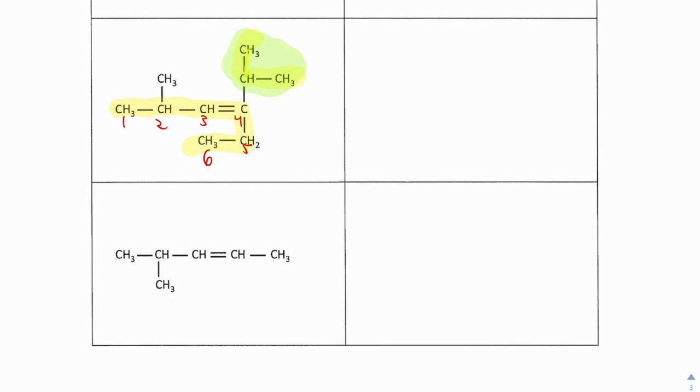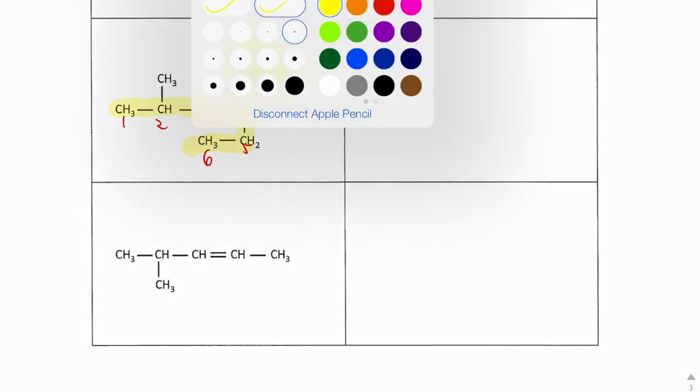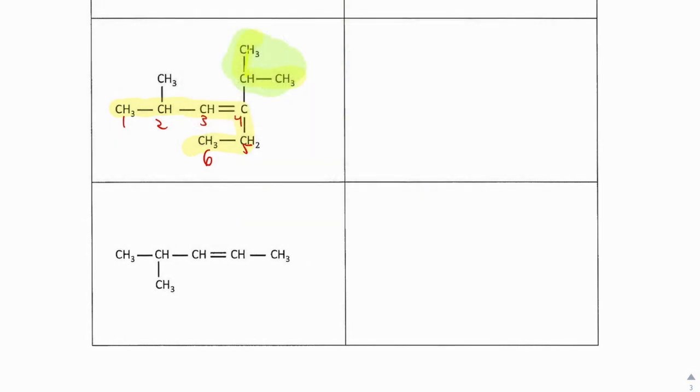Again, if your professor just wants strict IUPAC name for it, then that would be a complex substituent. For this, I'm just going to do common names. Let me highlight my other substituent right here, which is a methyl. So again, if you remember, iso counts.